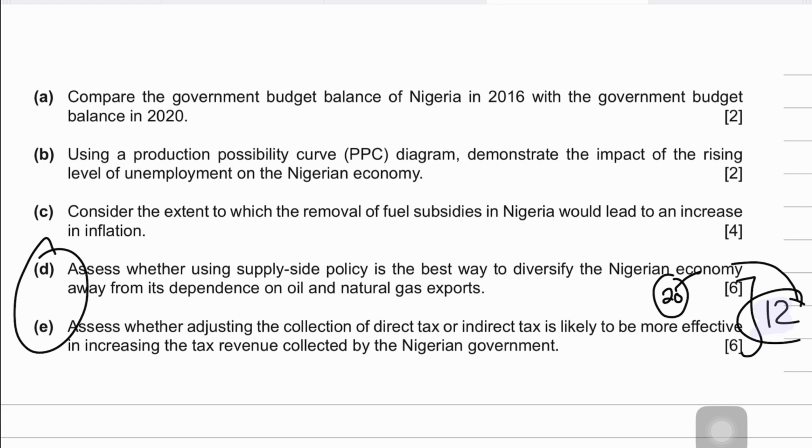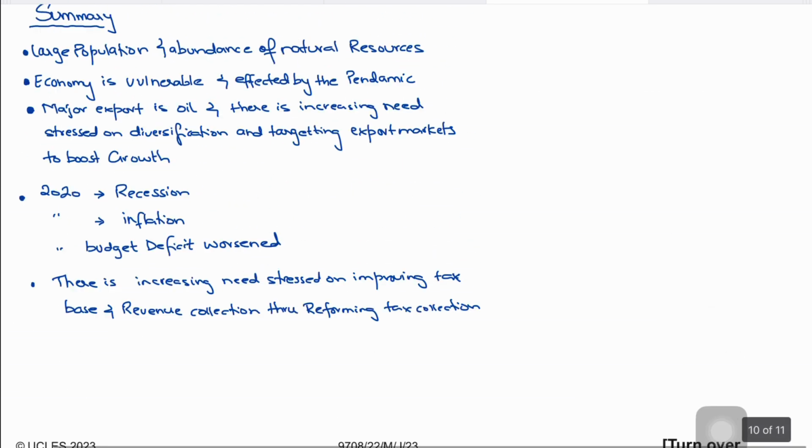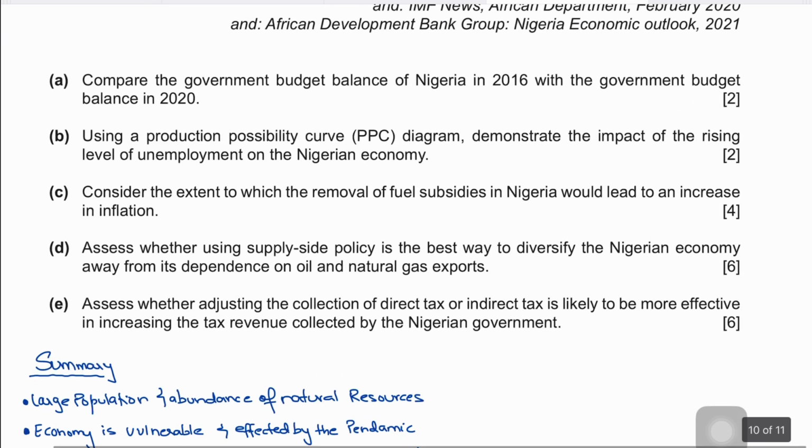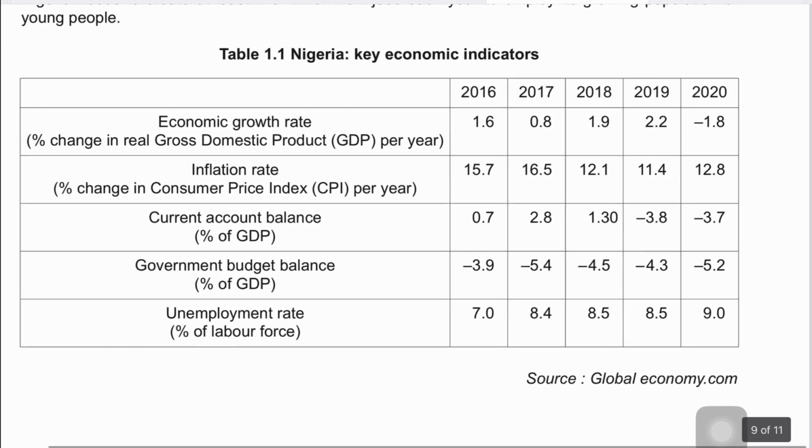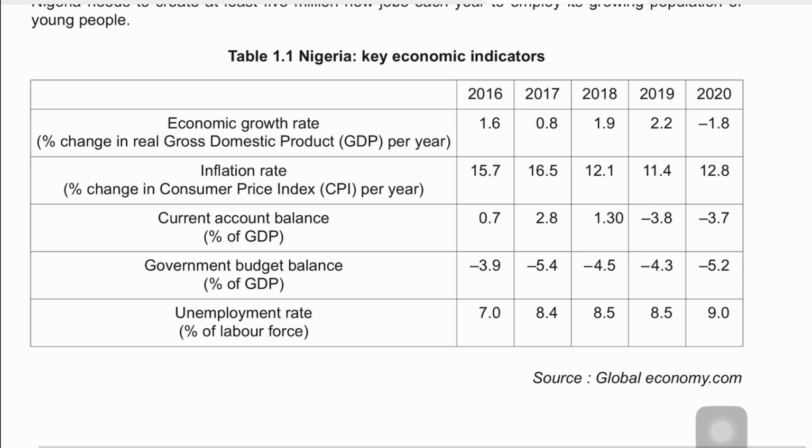Okay, now comparing the budget balance of Nigeria in 2016 with the government's budget balance in 2020. If you look at the case, the budget balance is given as a percentage of GDP, which simply means that they have calculated the deficit and divided it by the GDP times 100. If the budget balance as a percentage is increasing, it simply means that your overall deficits are going up.